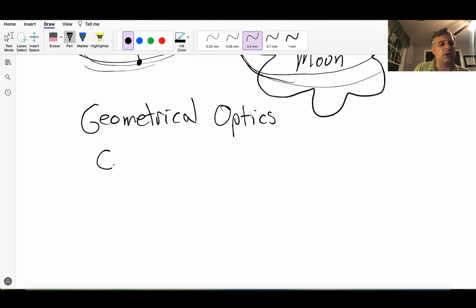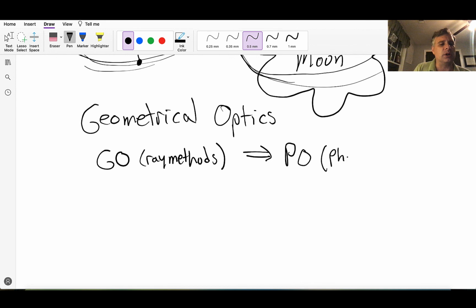So GEO, as we like to call it, is of course ray tracing and using ray methods. We'll be transitioning into another technique, which is best described as PO, or physical optics.